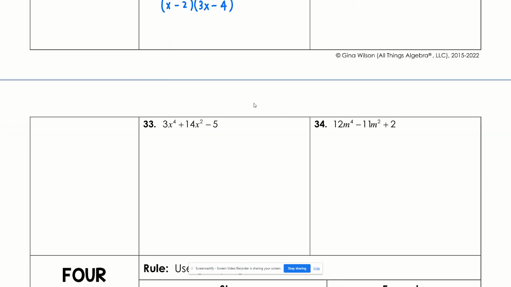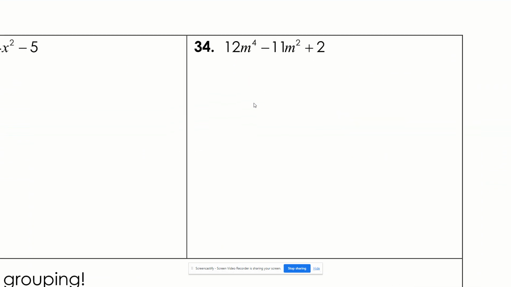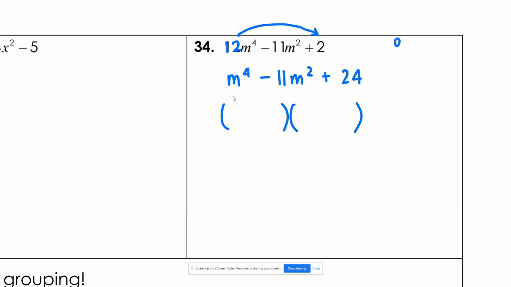Let me do number 34 real quick. This will be the last one. Look, there's no GCF. This number is definitely not a 1, so I'm going to over under it. Okay? So m to the 4th minus 11m squared plus 24. So we're going to factor that easy style now. What multiplies by itself to get this m to the 4th?